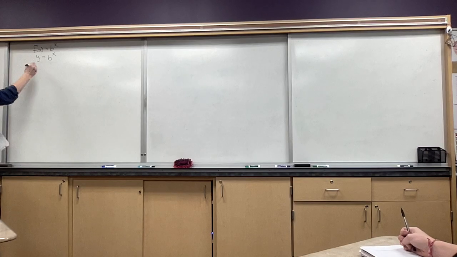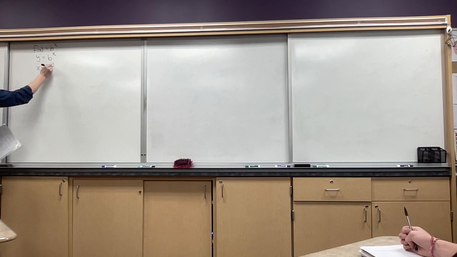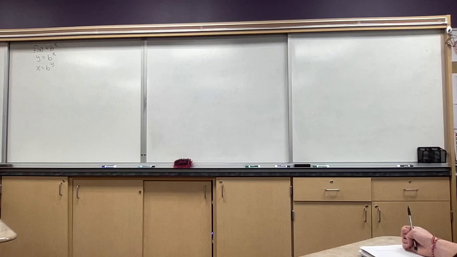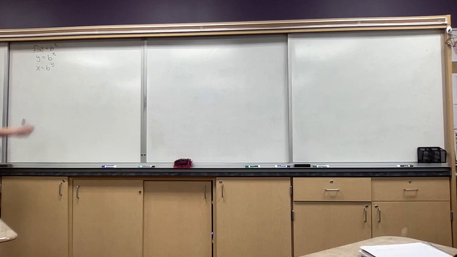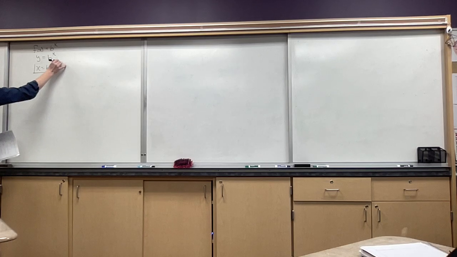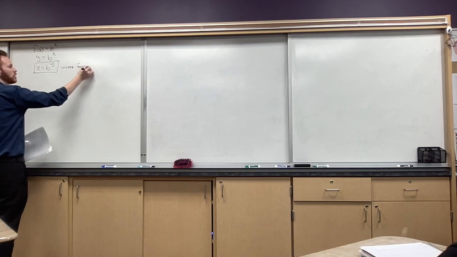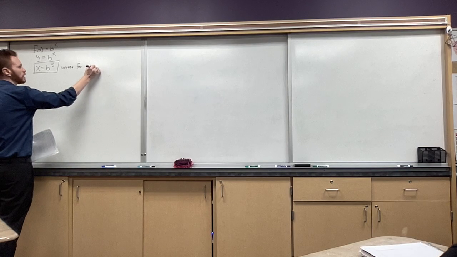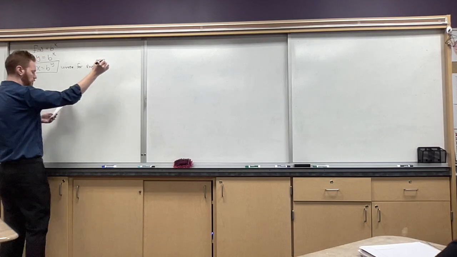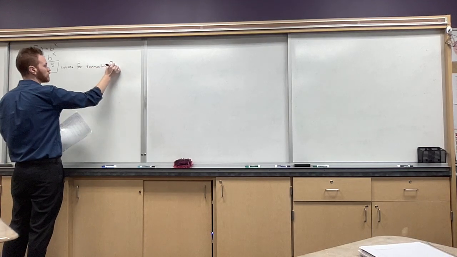Then we switch the x and y, so x equals b to the y. Okay, and we're done. There's really not much further I can go with that. This right here is our inverse for exponential functions.